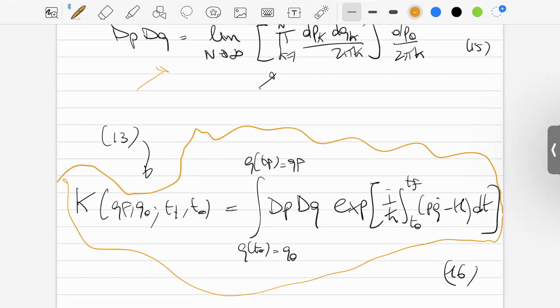This is not a normal integral of calculus, because here we are integrating over a function itself, so not over variables like x, y, but rather over a function of t. This is why you call it a path integral, because you are integrating over different paths in phase space, over all possible momenta p and positions q. So this is the path integral formula for the propagator.